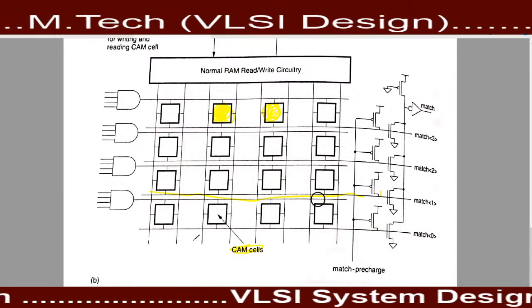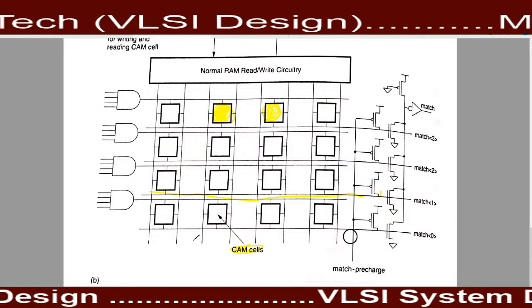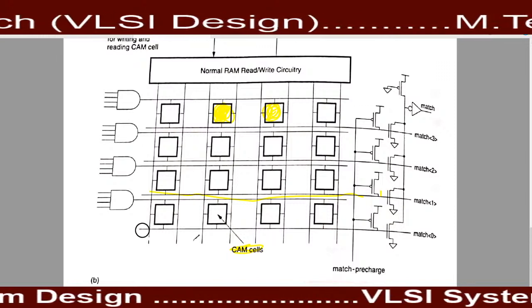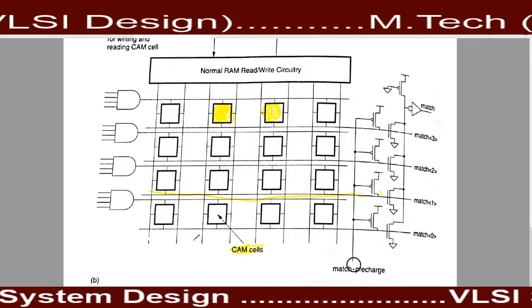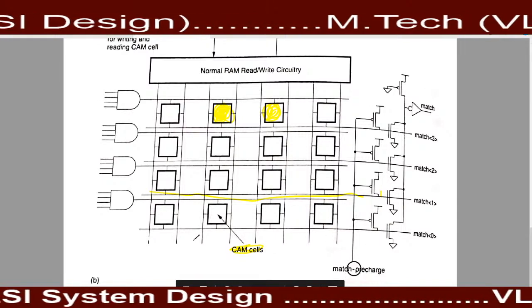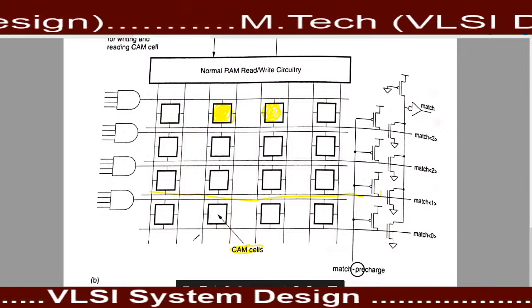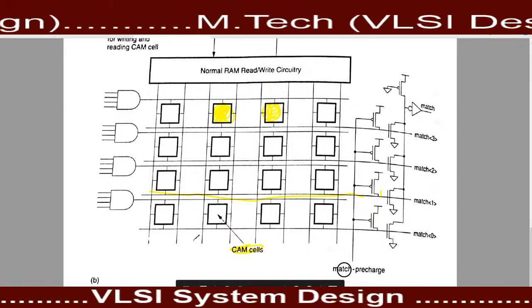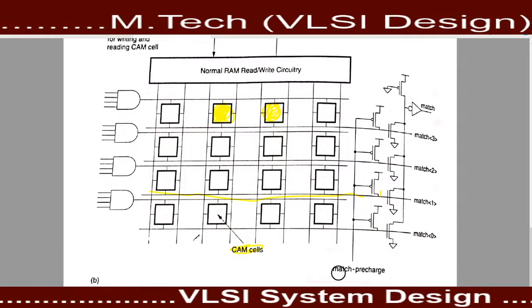Okay, so when all word lines are 0 and the match signal is 1, it means that the data stored in the CAM memory cell is also 0.